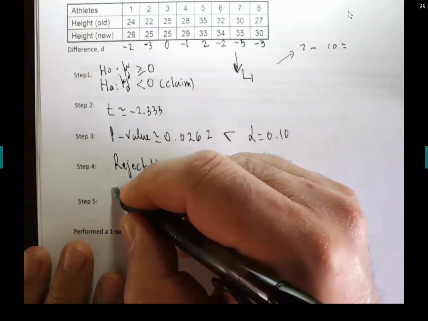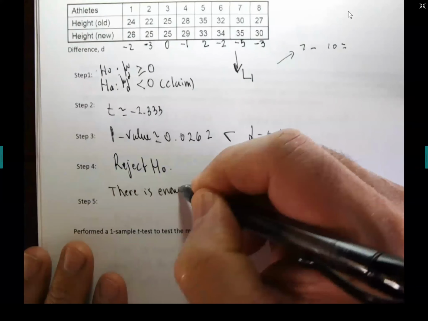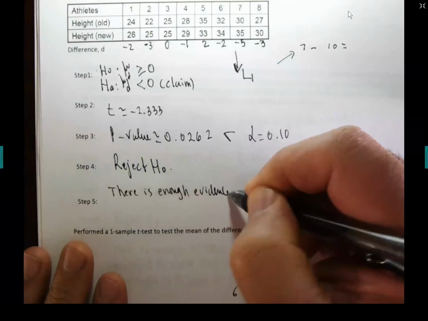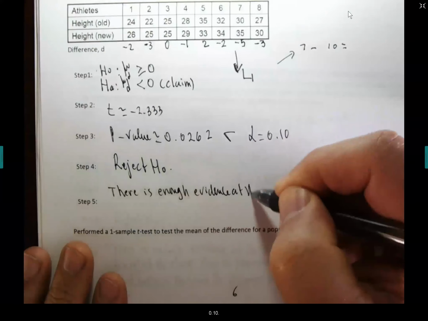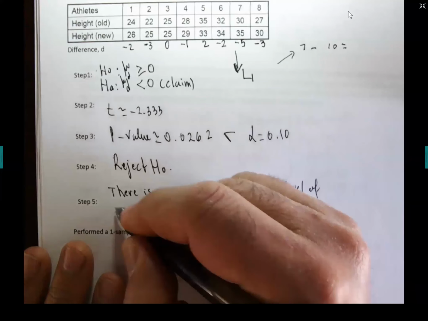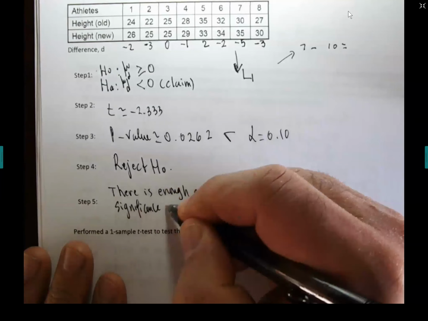There is enough evidence at the 0.10 level of significance to support the manufacturer claim.